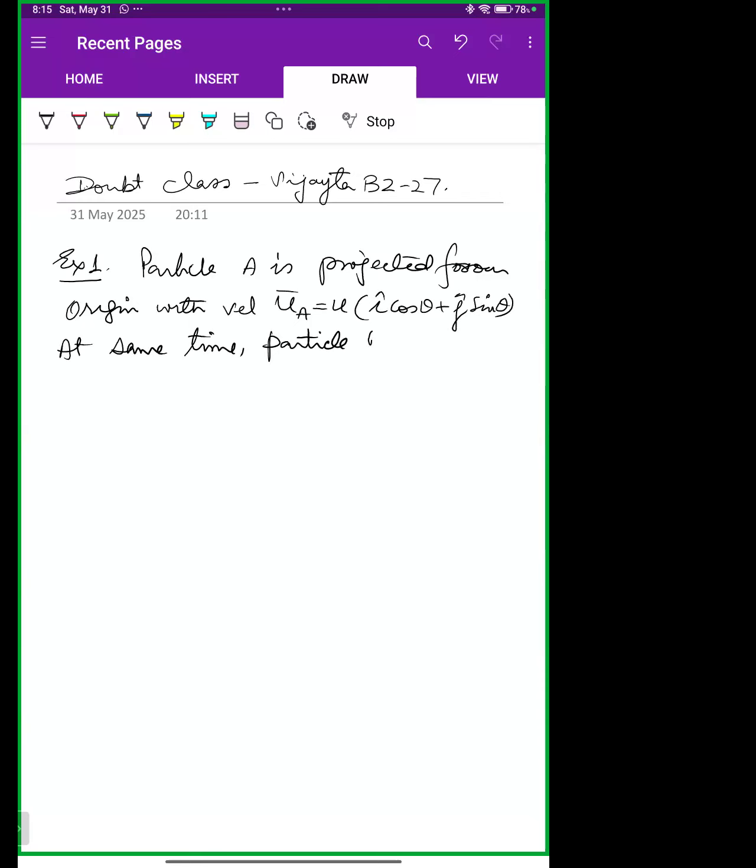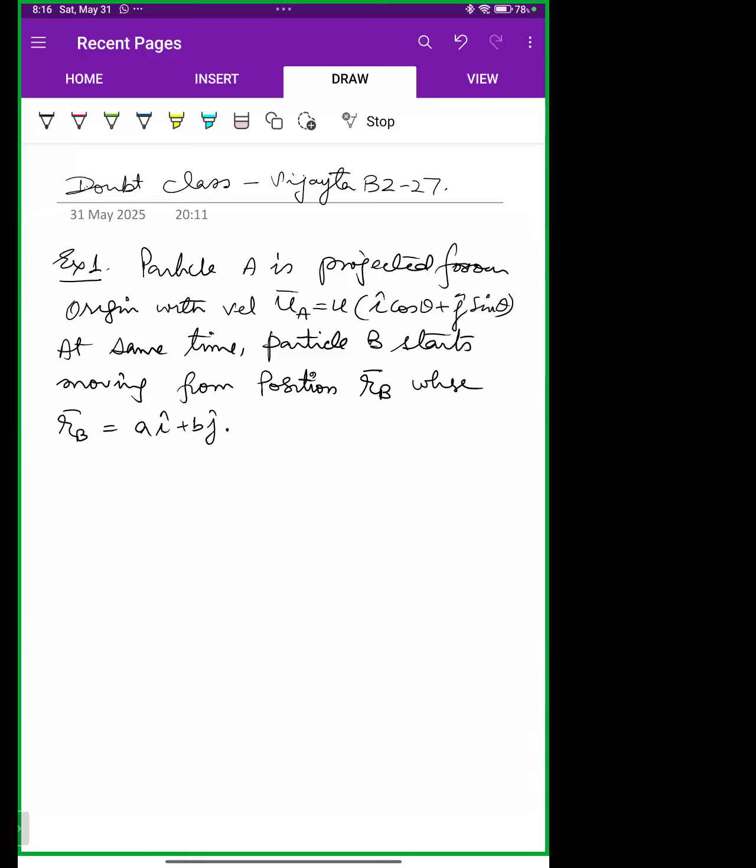particle B starts moving from position RB, where RB is equal to AI plus BJ.